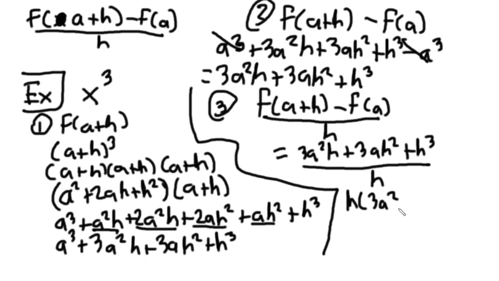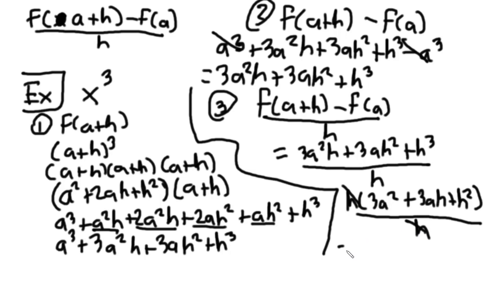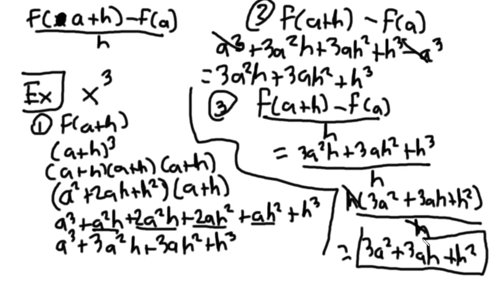So that's 3a squared plus 3ah plus h squared, all divided by h. Now if we cancel the h's, I'm left with my answer, which is 3a squared plus 3ah plus h squared. And this will be my difference quotient. Remember, we are not finished until we cancel that h on bottom. Once we cancel the h on bottom, then we are good.